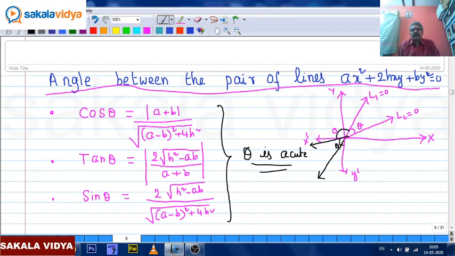Here one more angle is also there, that will be 180 minus theta, the obtuse angle. That's why, as theta is acute, you need to take the modulus. If you don't take the modulus, you may get a negative value also. That means if one angle is theta, the other angle will be 180 degrees minus theta. These two are the angles between the pair of lines.